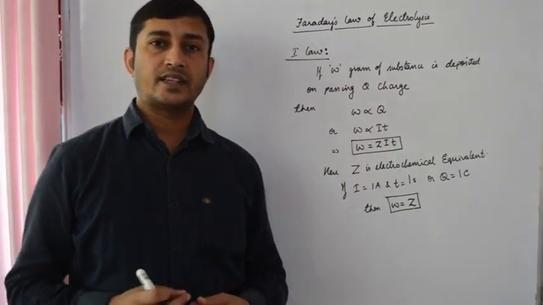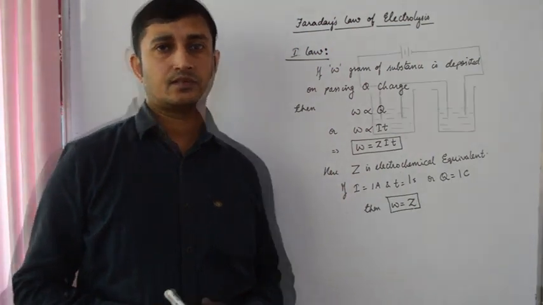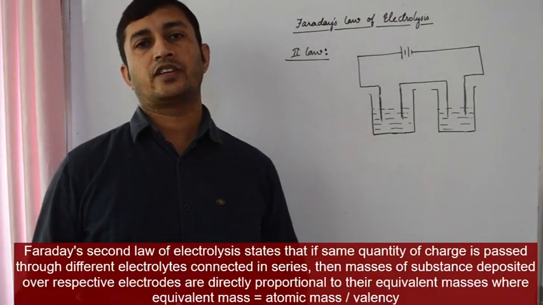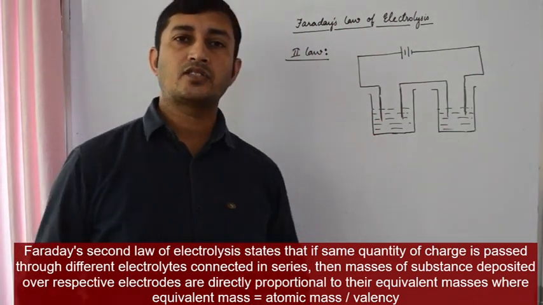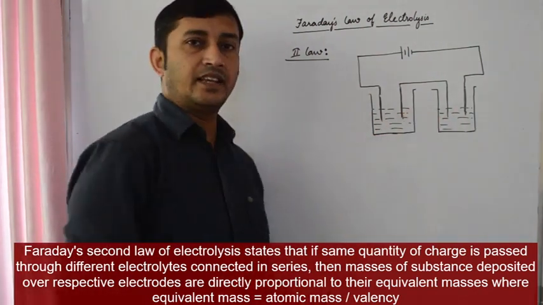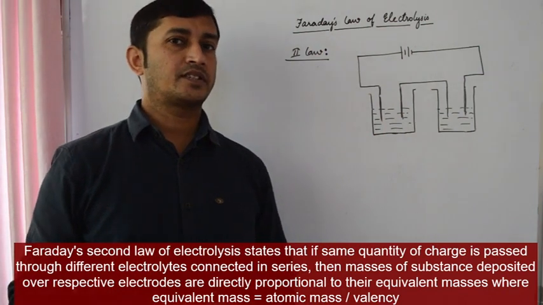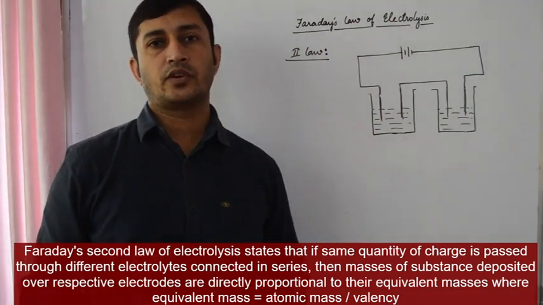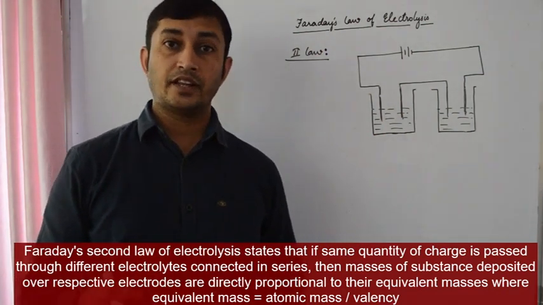Now let us see the second law of electrolysis. According to Faraday's second law of electrolysis, if the same amount of charge is passed through different electrolytes connected in series, then the masses of substance deposited at their respective electrodes will be directly proportional to their equivalent masses.